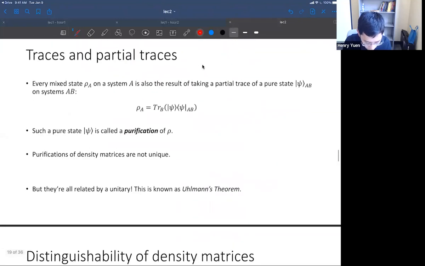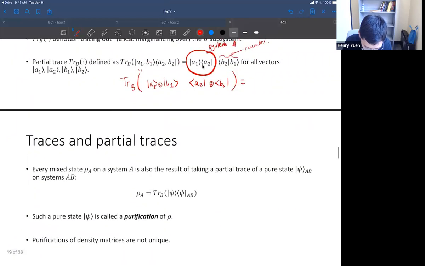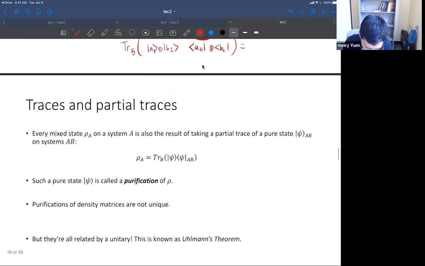One final thing before we take a break. This is kind of a cool concept. Let's say I give you a mixed state, some density matrix rho A. Let's say system A is just a single qubit.